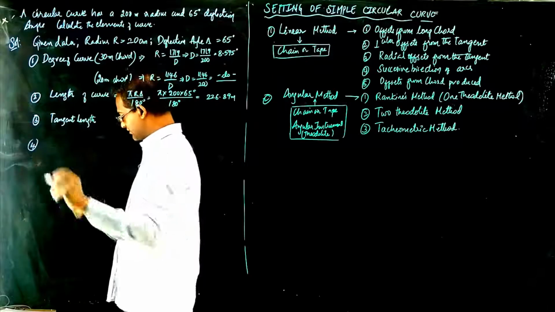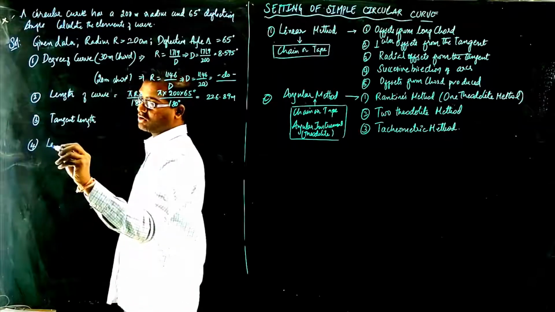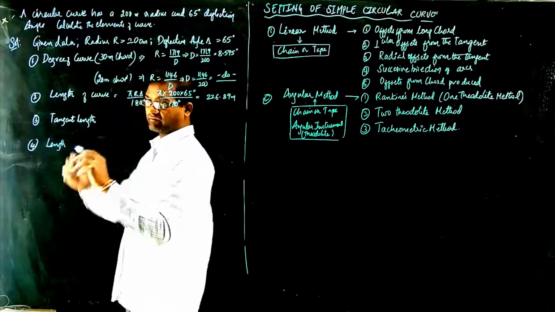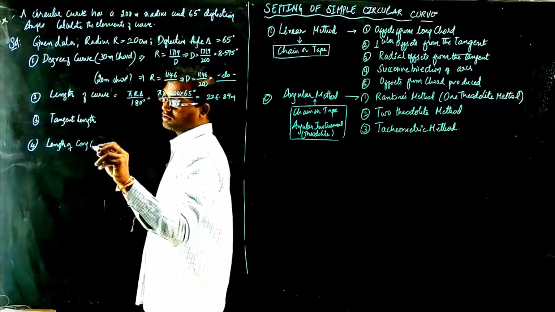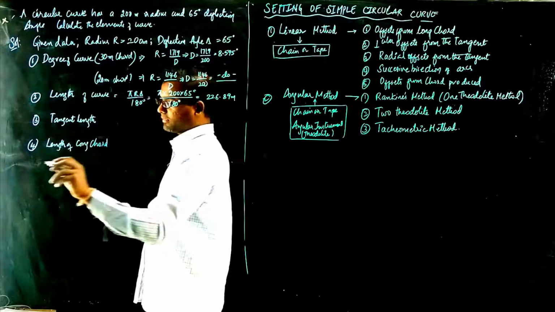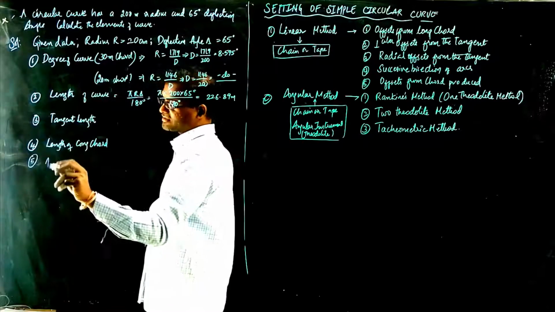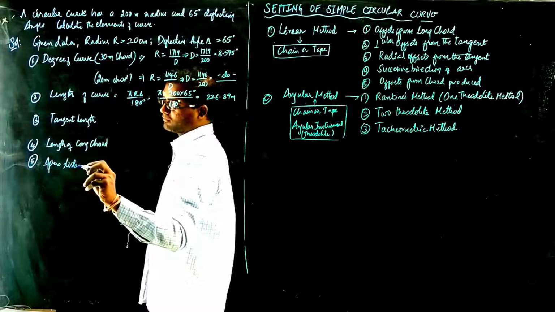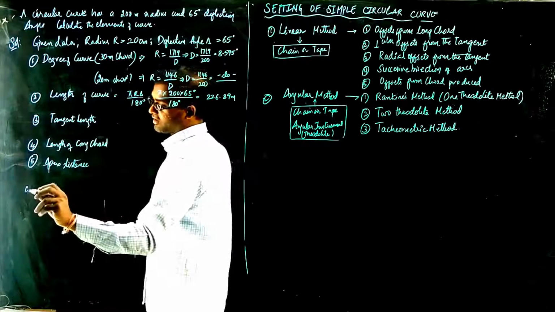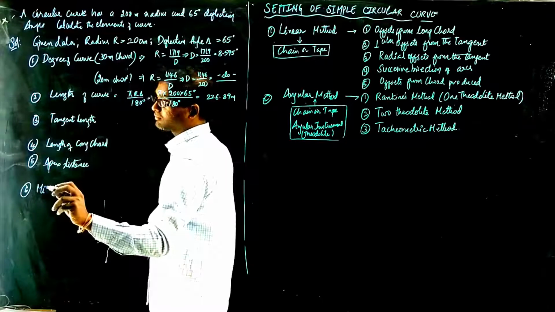The third one, then, we have tangent length. After tangent length, we will calculate the length of long chord, then the apex distance, then the mid-ordinate.